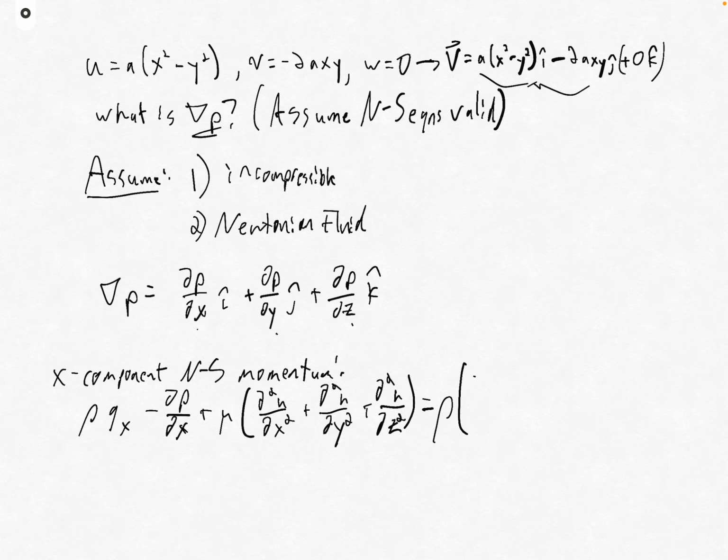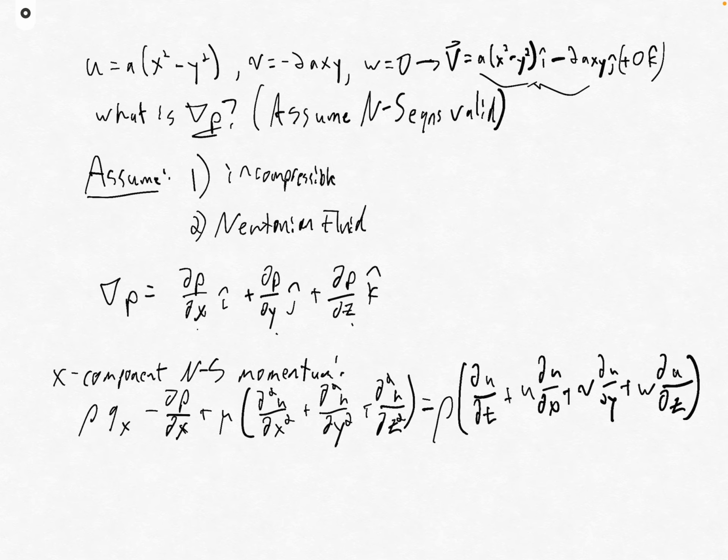And we can write that out as the partial derivative of u with respect to time plus the convective derivative. So this is going to be plus u du/dx plus v du/dy plus w du/dz.